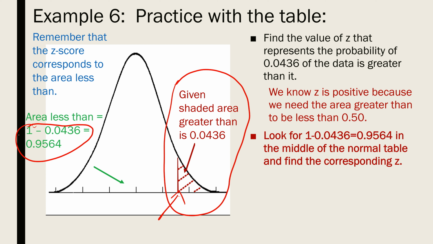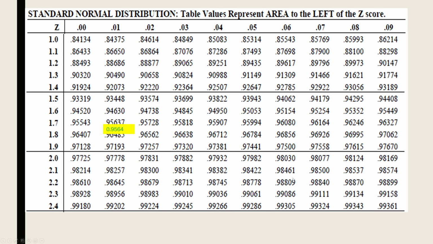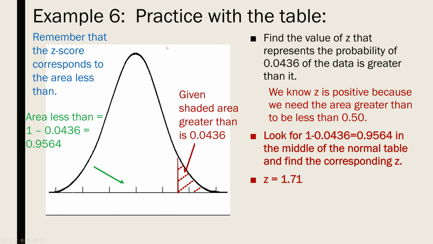After you have the area of the transparent place, you can find the corresponding z value in the normal table. This is the closest z value we can find. Again, we use the first column to locate the first decimal place and the first row to locate the second decimal place. That's why the z-value is 1.71.